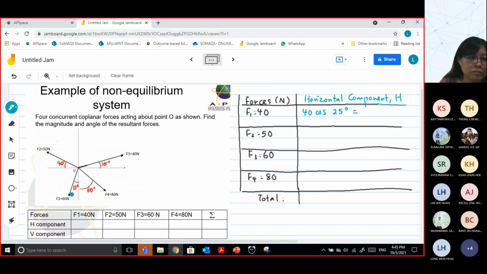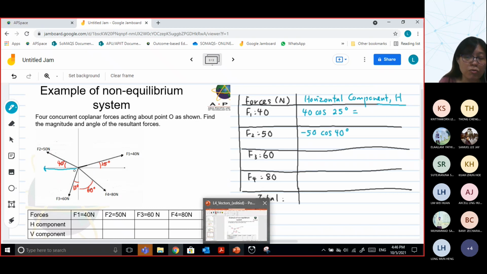Okay, next one. F2 is 50 Newton. So the horizontal will be here. Can you see it's the opposite direction? This one is towards the left. So for those towards the left, you will put it as negative 50 cos 40 degrees.